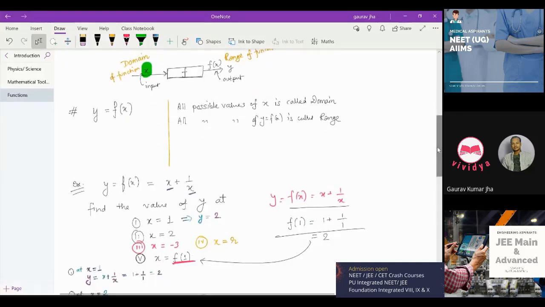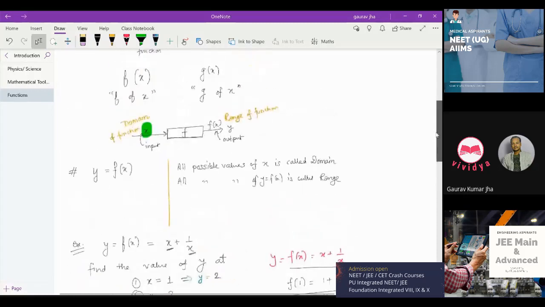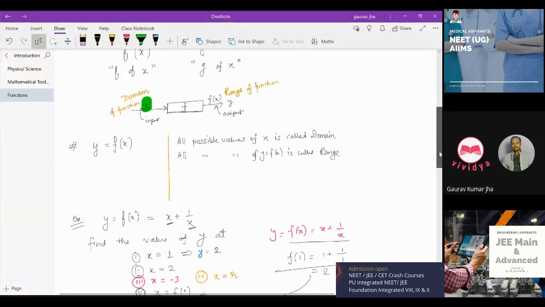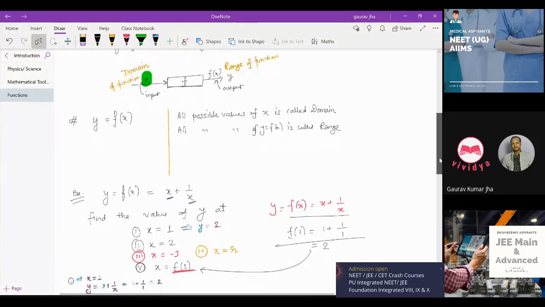All the possible values of x that you can input in a function is called the domain, and all the possible outputs, that set is called the range. I don't need domain and range in my discussions, but I just pass on that information to you.